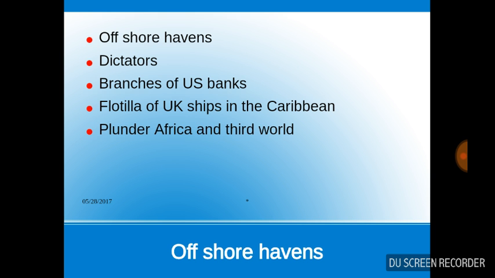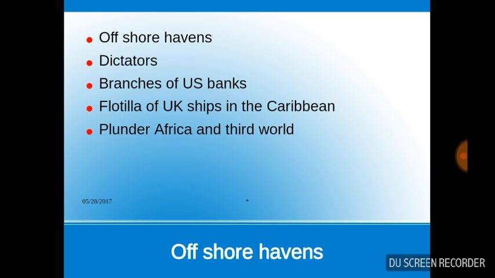dictators will leave a lot of their money. Yes, they can only leave a lot of their money if they're in good books with the Americans. But most of these offshore havens, look at Panama or whatever, these countries are totally dependent on the US for their protection.